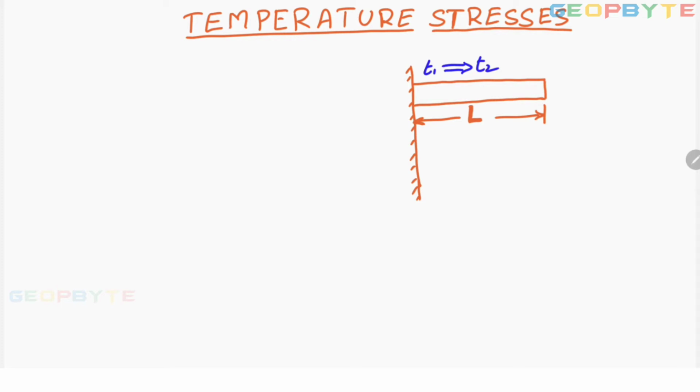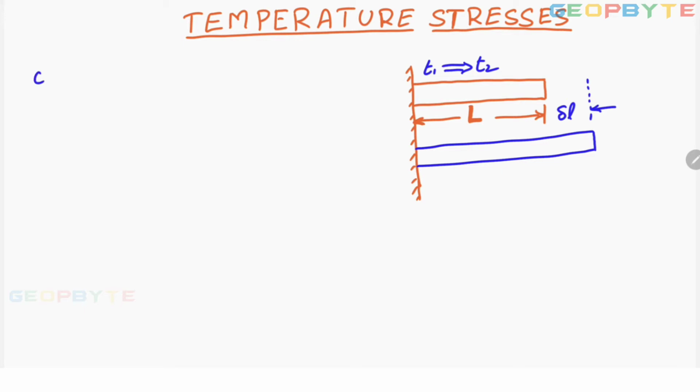Whenever the temperature of the body is increasing from T1 to T2, the body may be extending up to this level. This is how the body is extending because of the increase in temperature. That extension may be marked as delta L. Delta L is the change in length or increase in length.